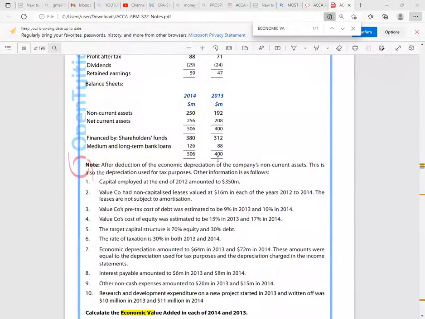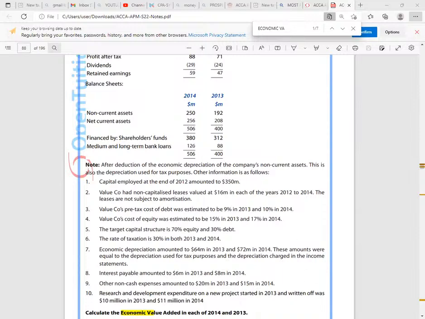These are the capital employed, because this is total assets less current liabilities. That's what you can see here. When they talk of net current assets, already they have subtracted the current liabilities. So whatever we have here is the capital employed, but at the end of the years. And you want capital employed at the beginning of these years.